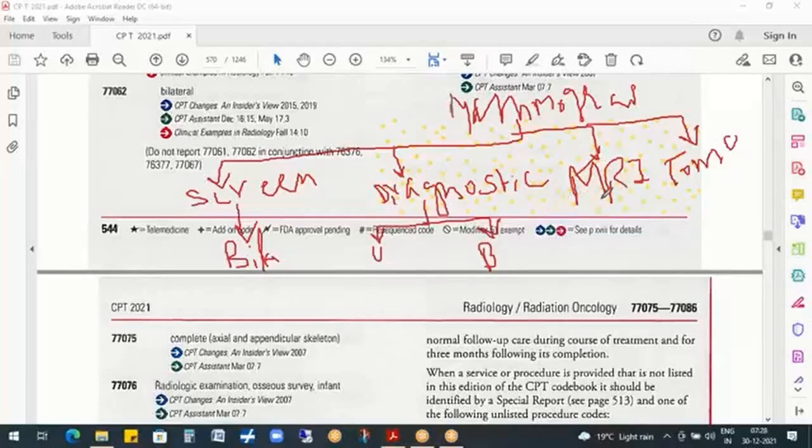Next, MRI: again, it may be unilateral or bilateral. Again, tomosynthesis: it may be unilateral or bilateral.